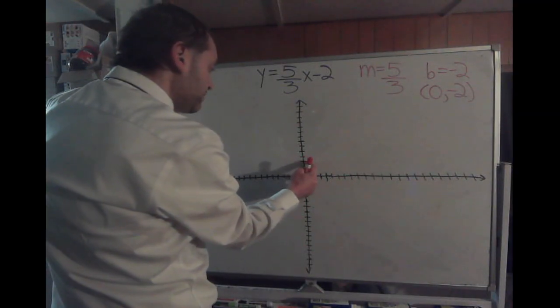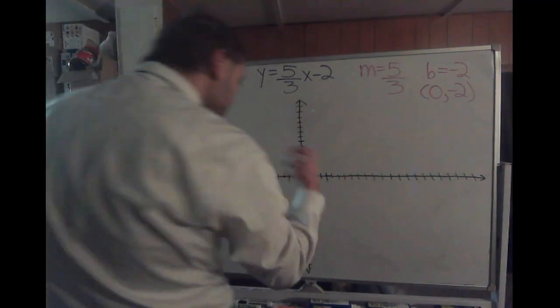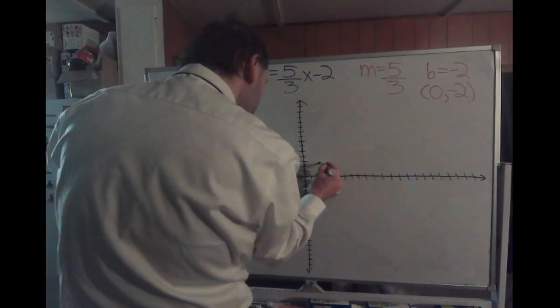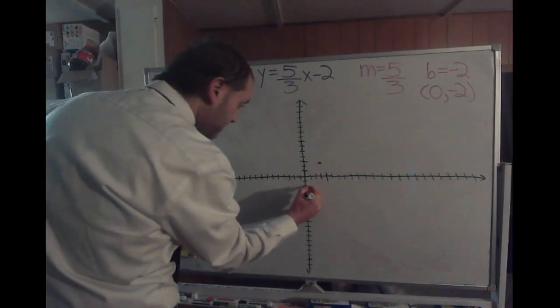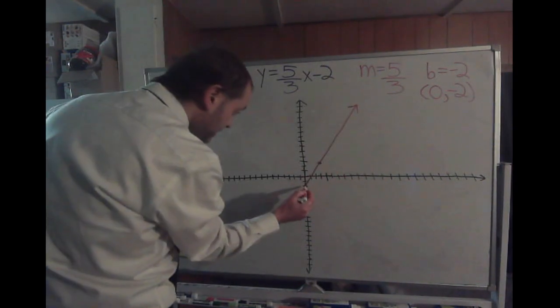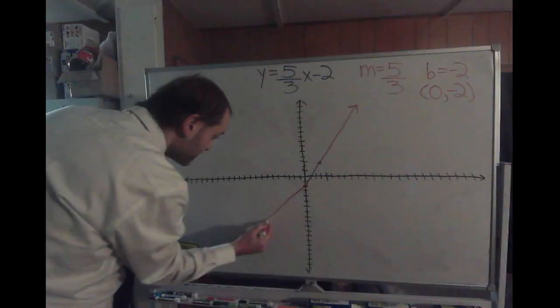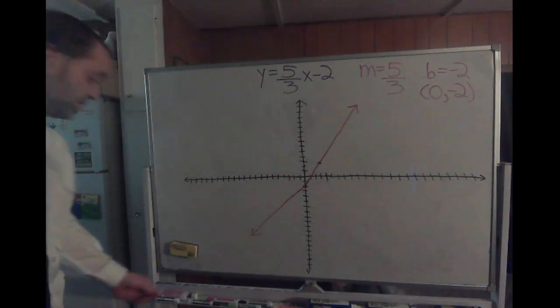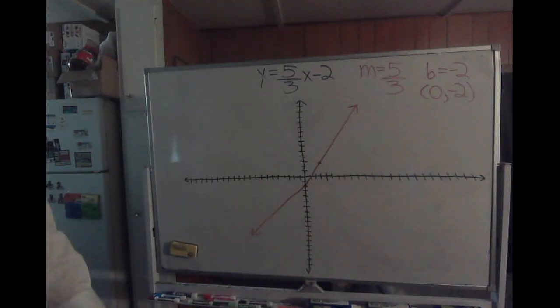Then you go over 3, that would put you at 3, 3. So the secondary point would be 3, 3. So you'll plot the points and connect them. And that's roughly what the graph of y equals 5/3 x minus 2 would look like.